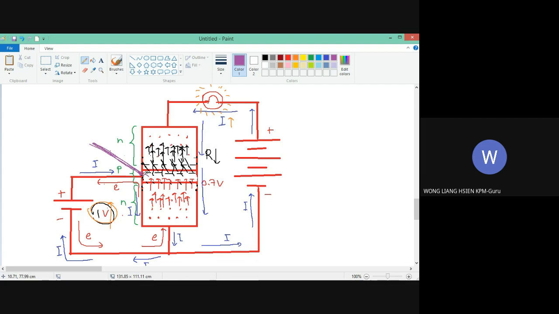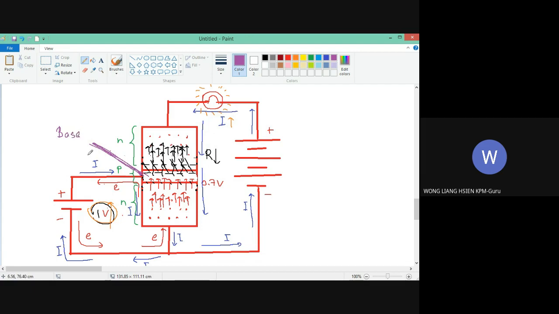It controls how much current, or the size of the current, that passes through the transistor. So we call this terminal the base.